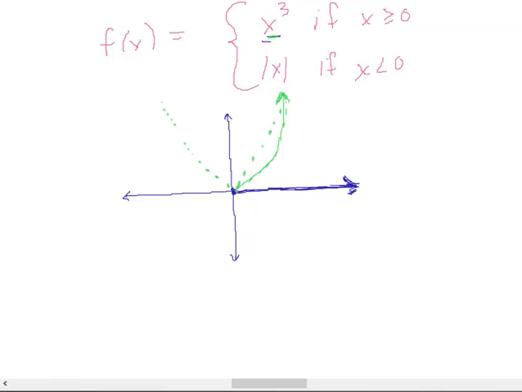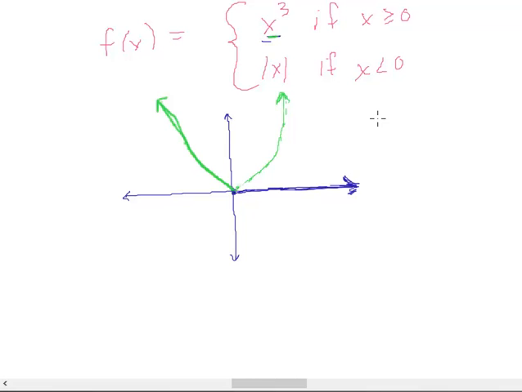Let me make sure I still have my green. I can't draw a straight line. Okay, and then we can get rid of the dotted on this side. So you can see on the left it looks like absolute value, and on the right it looks like x cubed.